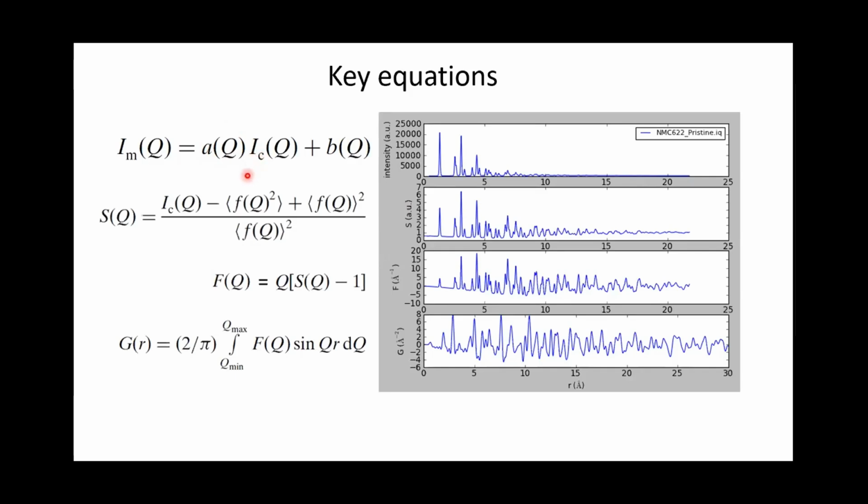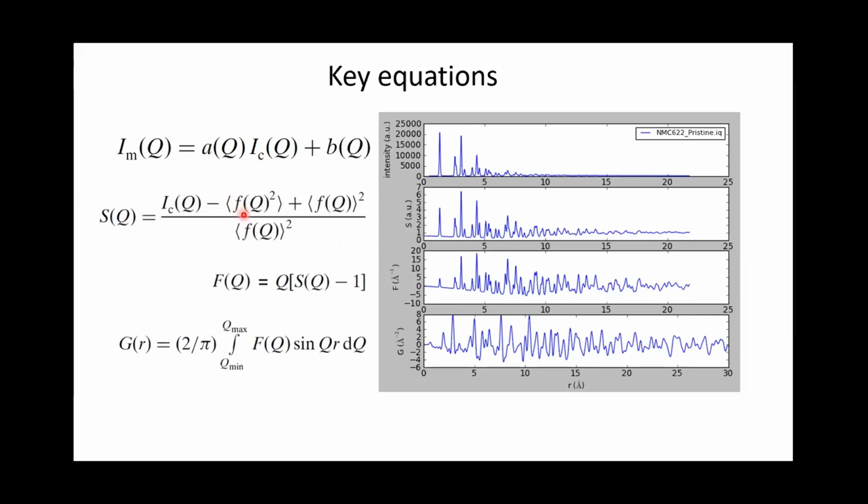That's the origin of A(Q). I think I have explained every single component in this equation, and then we derive the S(Q). We already see that S(Q) is a strictly structural function. It only utilizes the I_C part, the coherent elastic part, and this part is further processed with this average f(Q), which is basically the average scattering power of a sample.